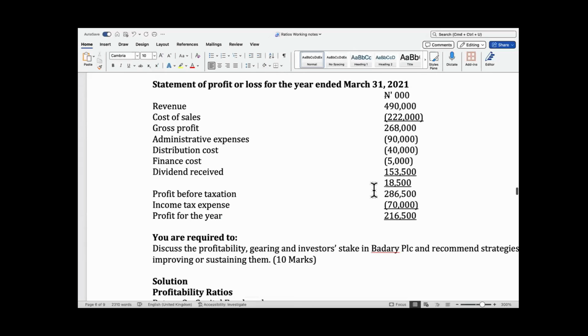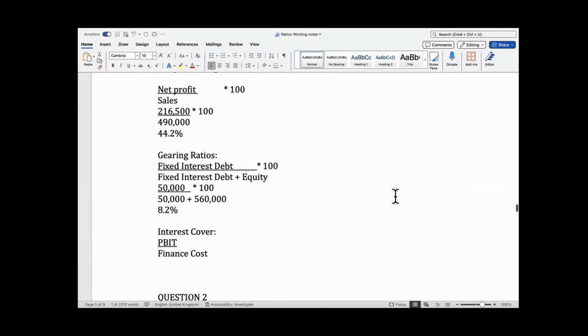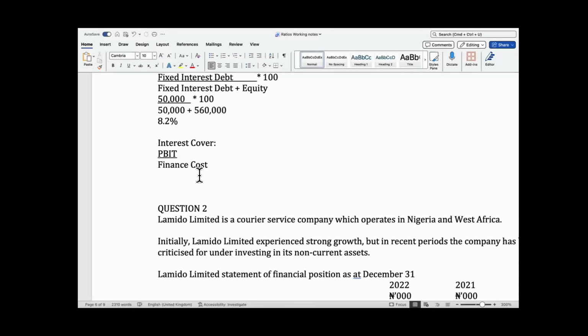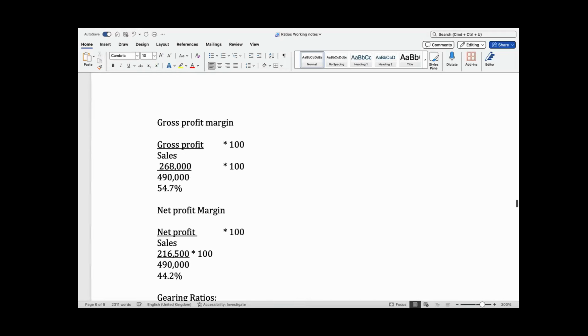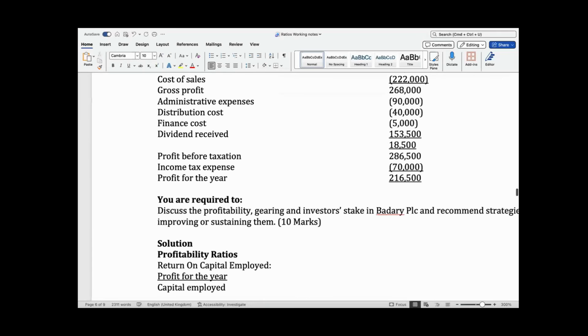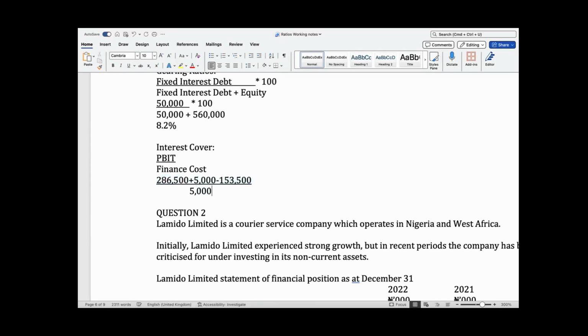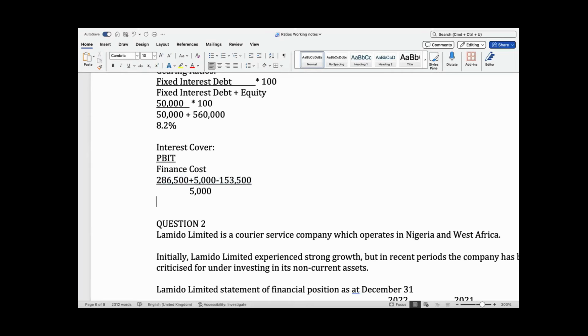Like I told you, my PBIT will simply be my 286,500 plus 5,000 minus 153,500, divided by 5,000.